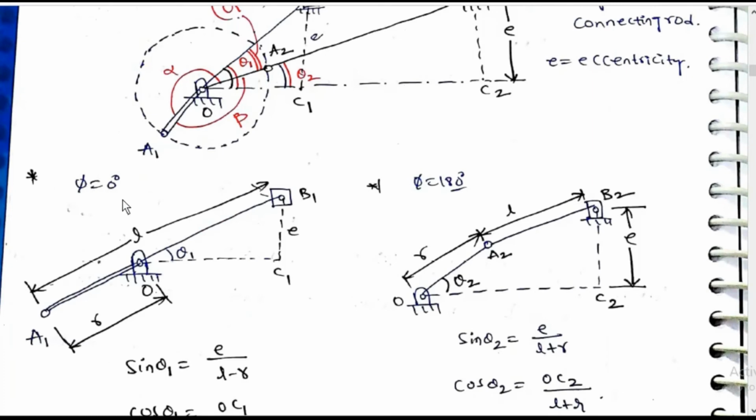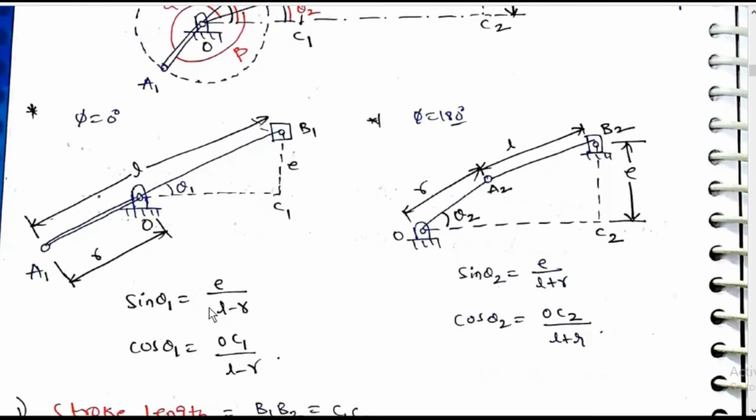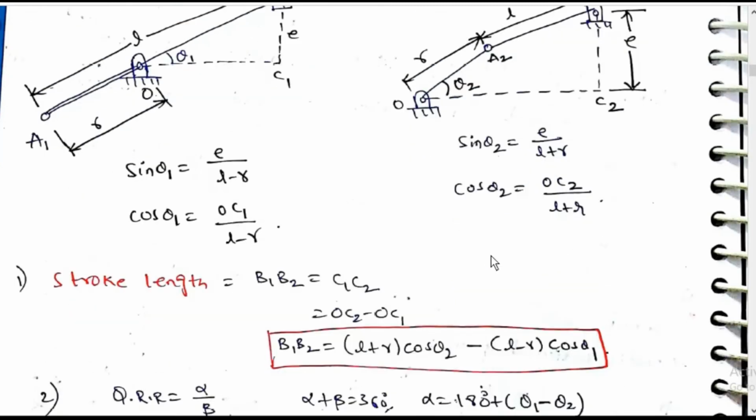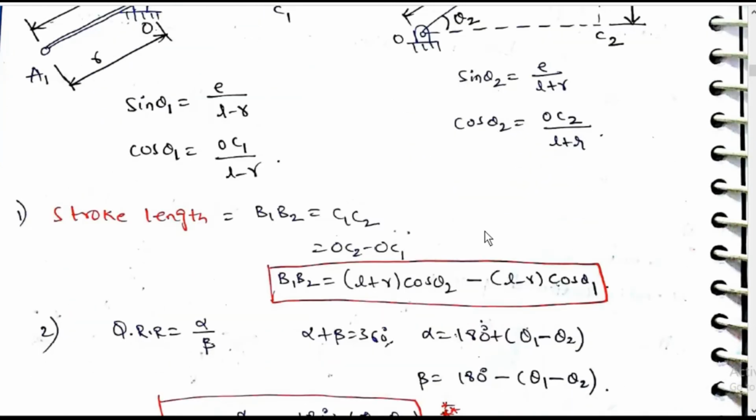When phi is equal to 0 degrees, sin theta 1 is equal to E by L minus R, the hypotenuse. Cos theta 1 is equal to OC1 by L minus R. Sin theta 2 is equal to E by L plus R, when phi is equal to 180 degrees. Cos theta 2 is equal to OC2 by L plus R.